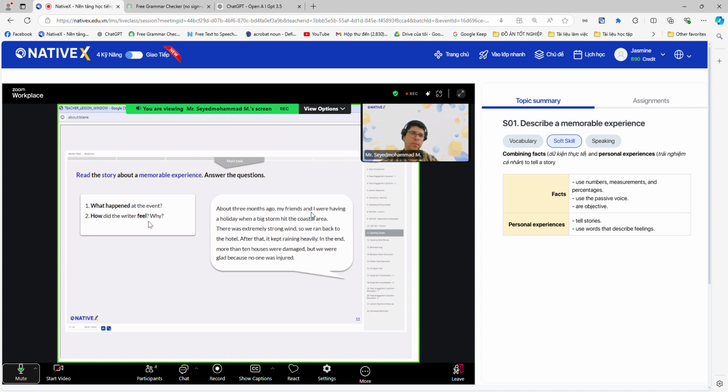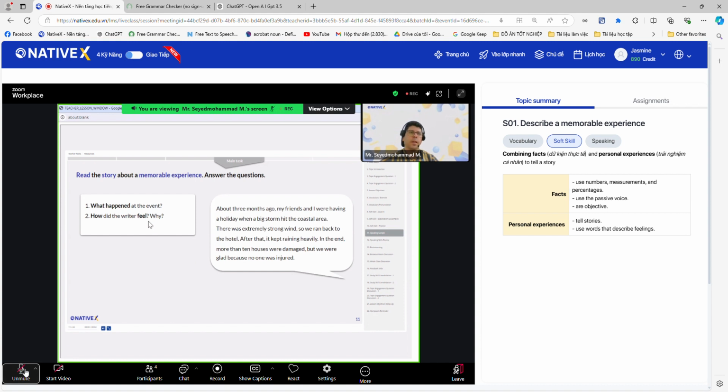I see. The writer felt glad because no one was injured. Yes, no one was injured.